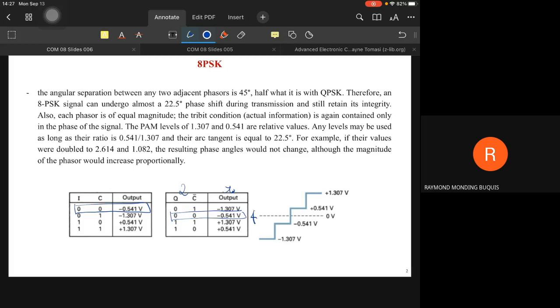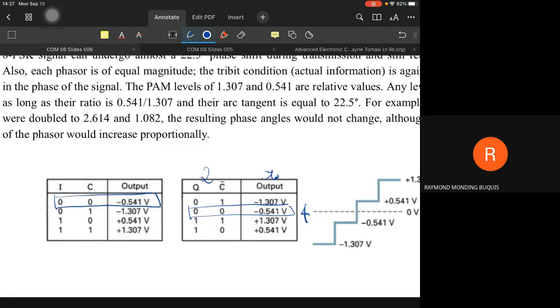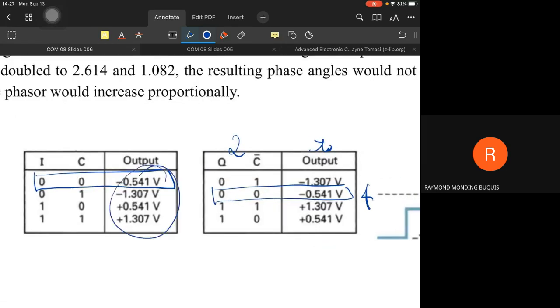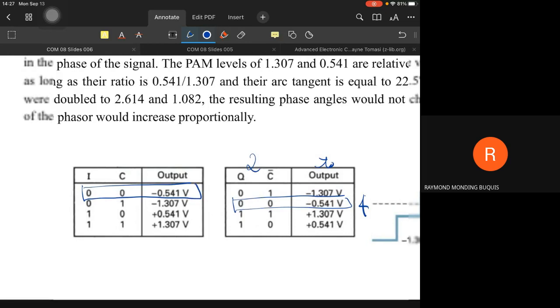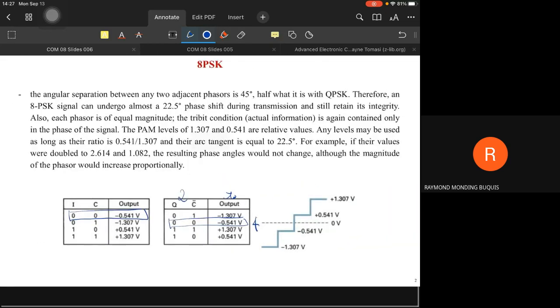Actually, the choice of these voltage levels is arbitrary. We could choose any level as long as the levels of 1.307 and 0.541 are relative values.